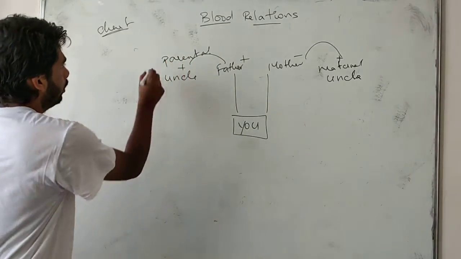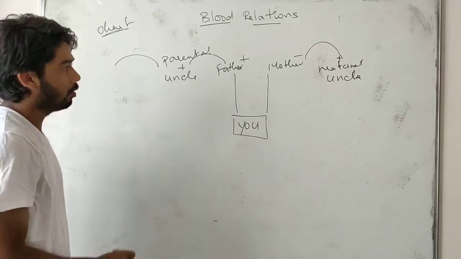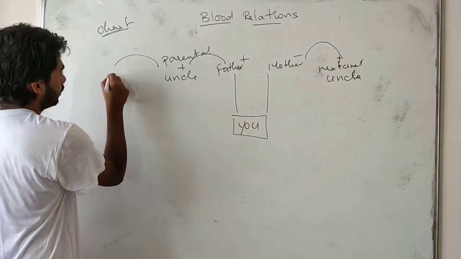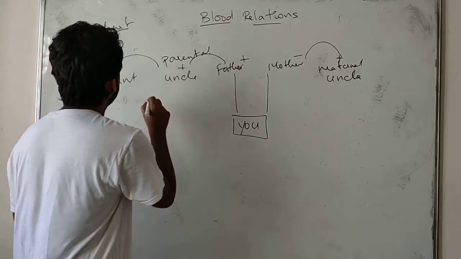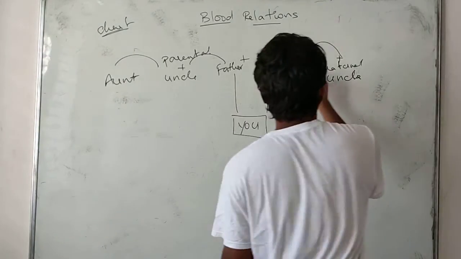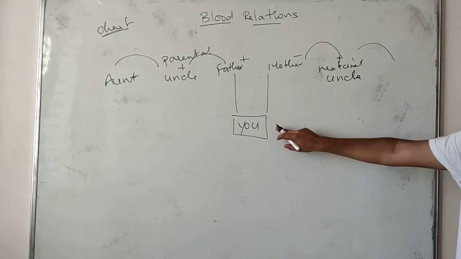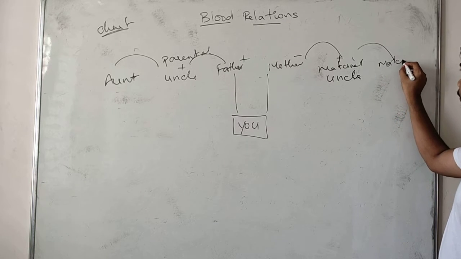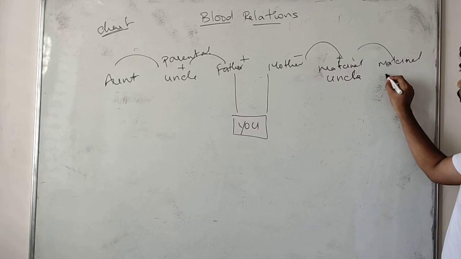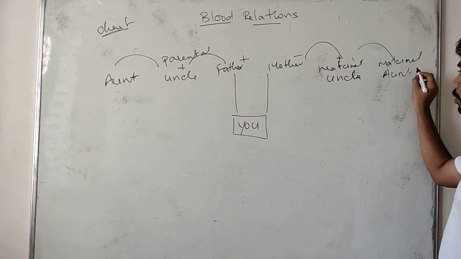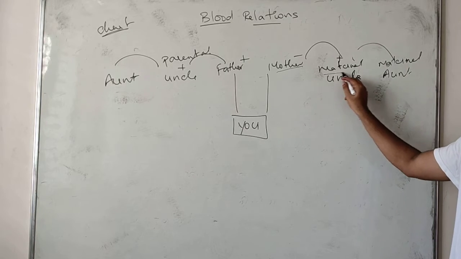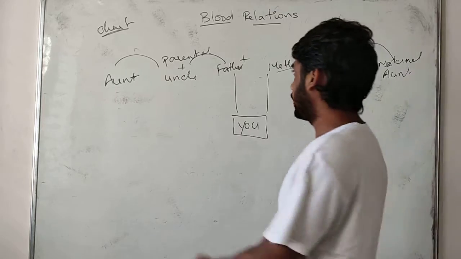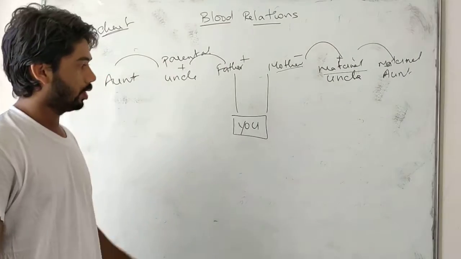Paternal uncle. Your father's sister you will call aunt. Your mother's sister you will call maternal aunt. Students, the mother's side all will be called maternal only, and the father's side will mostly be called paternal.